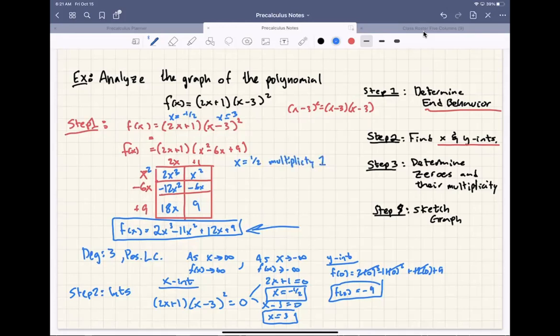And then x equals 3 has a multiplicity of 2. So therefore right here it touches the graph, and right here it crosses.